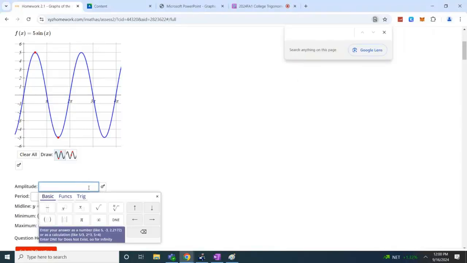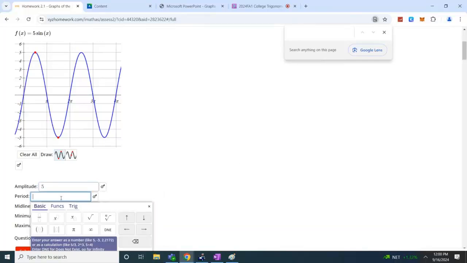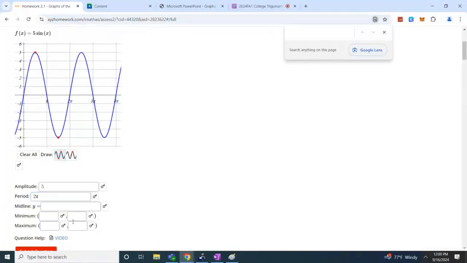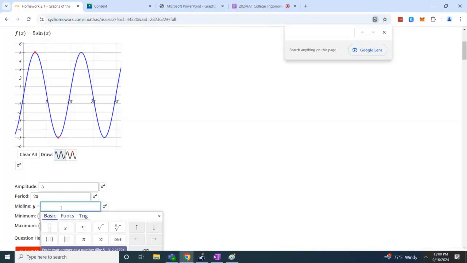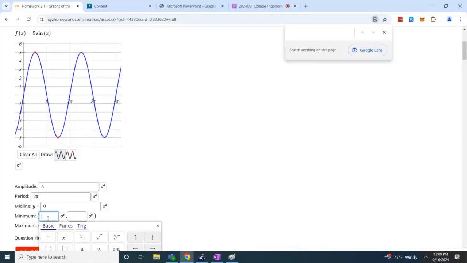All right, so the amplitude was 5. The period is 2 pi. Well, the midline is y equal to 0.